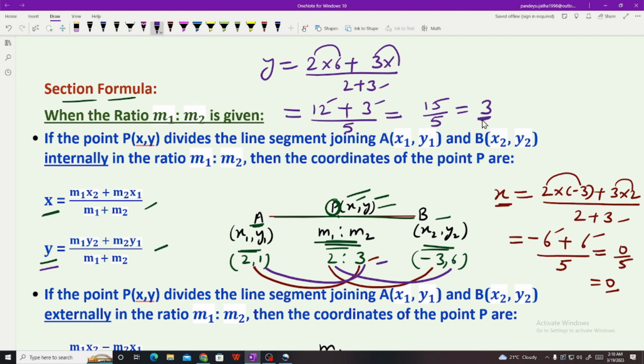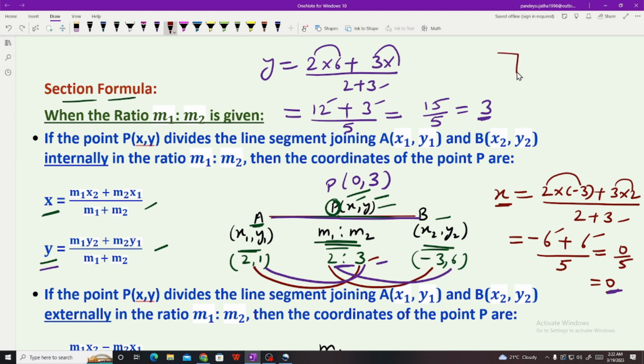So the y coordinate is 3 and the x coordinate is 0. So the coordinates of this point P, which divides the line segment AB in the ratio 2 is to 3, is 0 and 3.